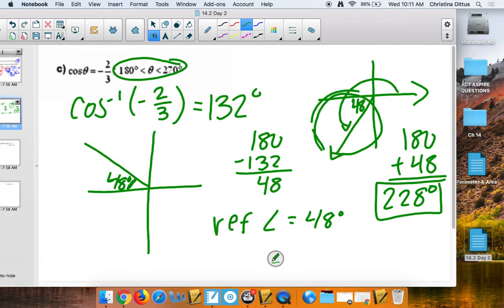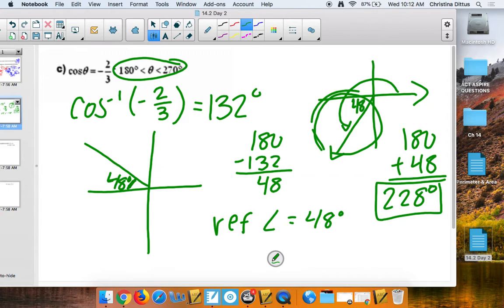So if we were going to write down in steps, first thing we do, put this in your calculator, see what you get. Second thing, from that number, find your reference angle. Sometimes it will be a reference angle. So if it's between 0 and 90, you don't have to do anything.